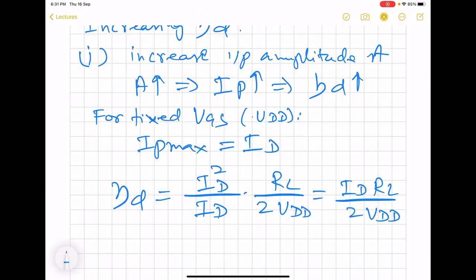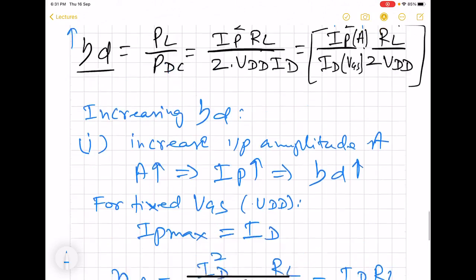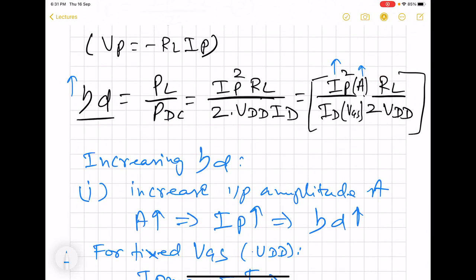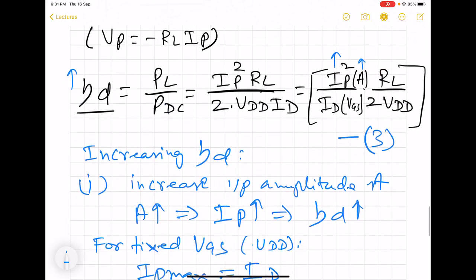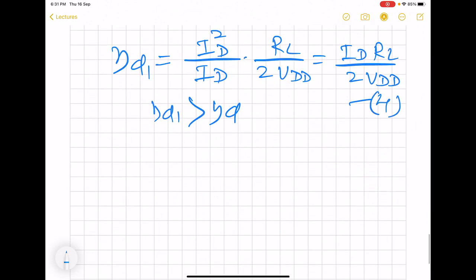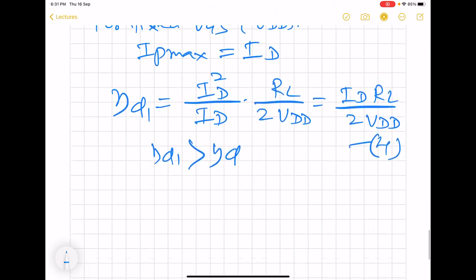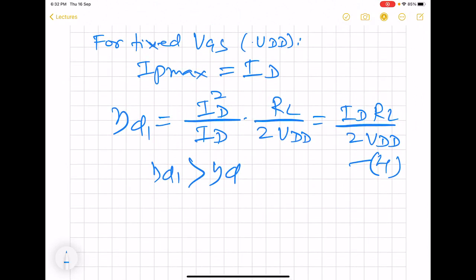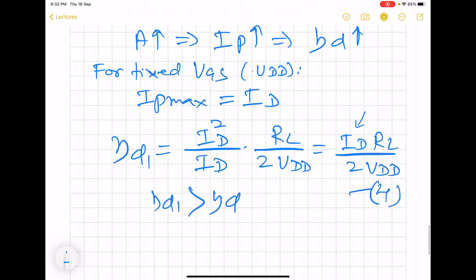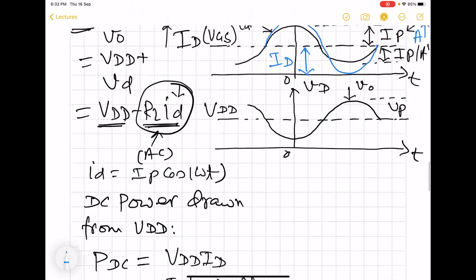So we can give it a slightly different name, eta D1. So eta D1 is greater than eta D, the previous eta D that we obtained here in equation 3. Right. So now we have the drain current of amplitude equal to ID. This flows through RL and then produces this VP.